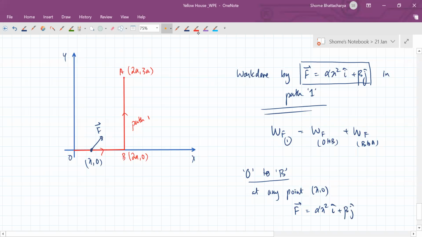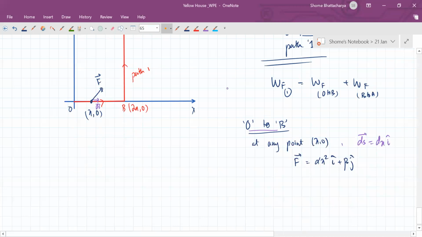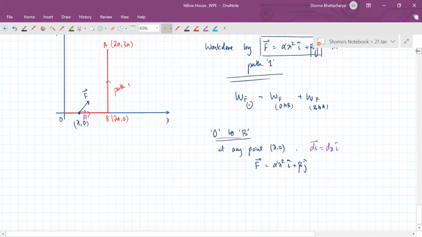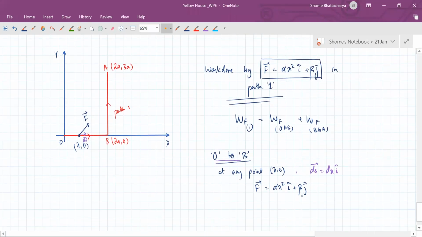During that time, that small displacement will be along this direction, so its displacement will only have an x component for this part from O to B. So the differential displacement will be dx i cap, and the F dot ds term becomes alpha x square dx.